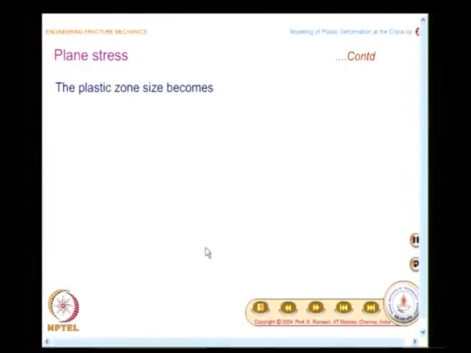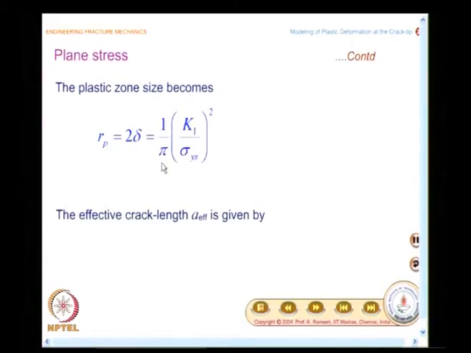In fact, it is twice that length. Then we also have expressions for plastic zone size. So, the RP becomes RP equal to 2 delta equal to 1 by pi (k1 divided by sigma ys) whole square. And what is the effective crack length?